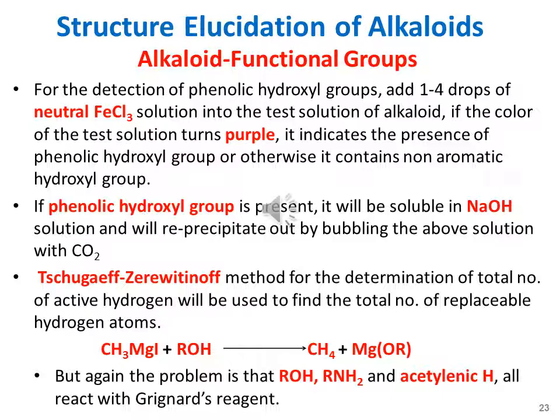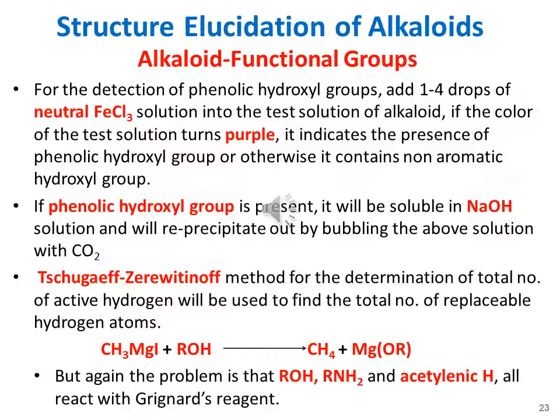It uses a Grignard reagent. When the Grignard reagent is made to react with the alkaloid, the active hydrogens are replaced, and if your Grignard reagent is methyl magnesium iodide, then methane gas will be liberated.